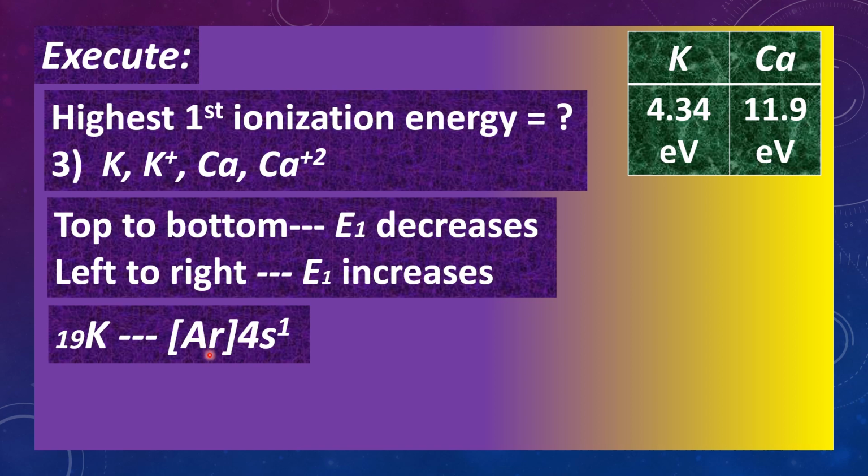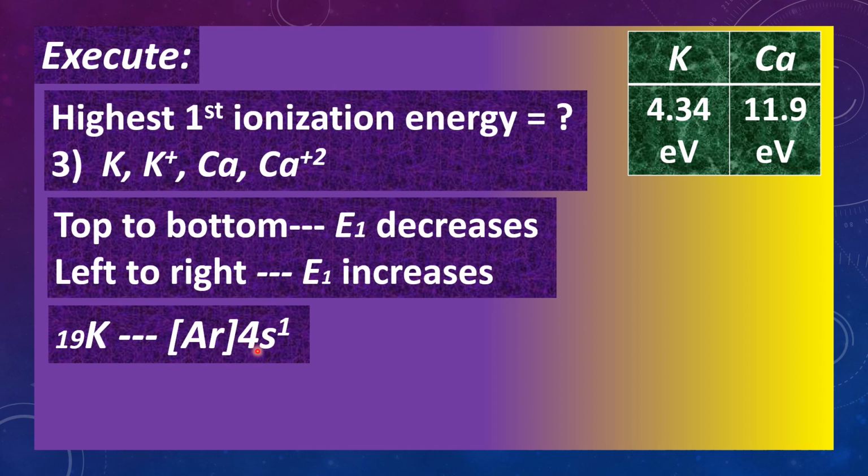And this noble gas, argon, represents the inner electrons of potassium, the 18 inner electrons found in the lower energy levels 1, 2, and 3.